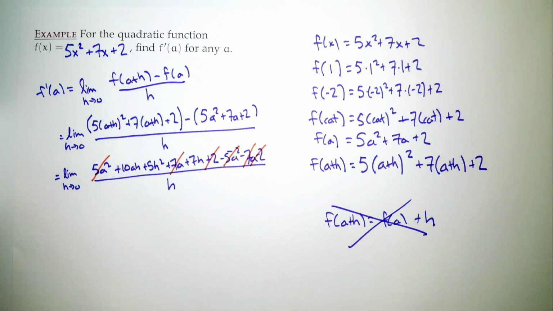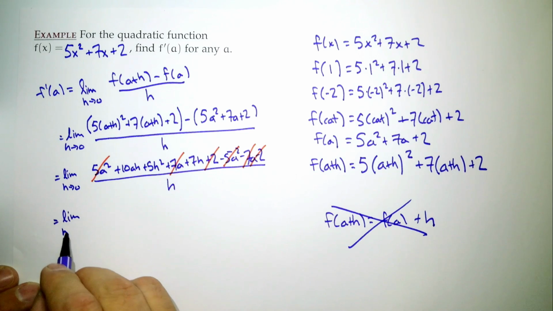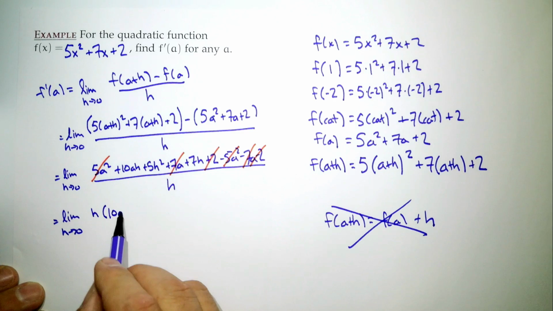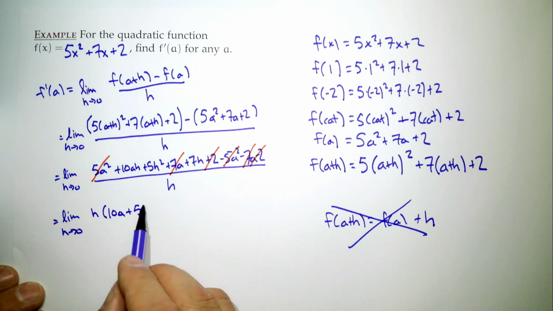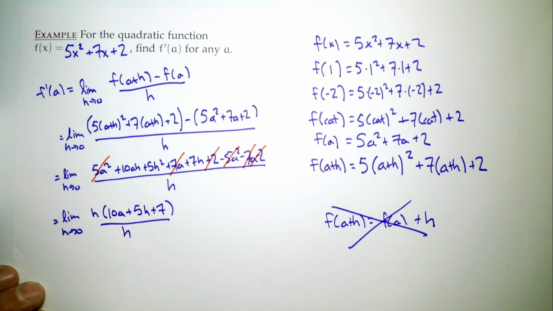Do they all have anything in common? They all have h. So we can pull that part out. That's the limit as h goes to 0 of h times (10 times a plus 5 times h plus 7) all over h. And now we can cancel off our h's. This is a beautiful thing.